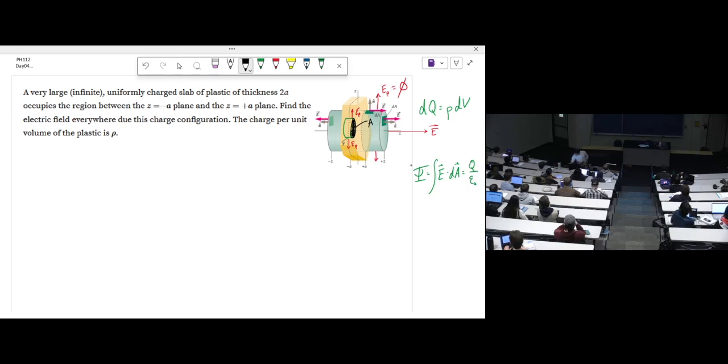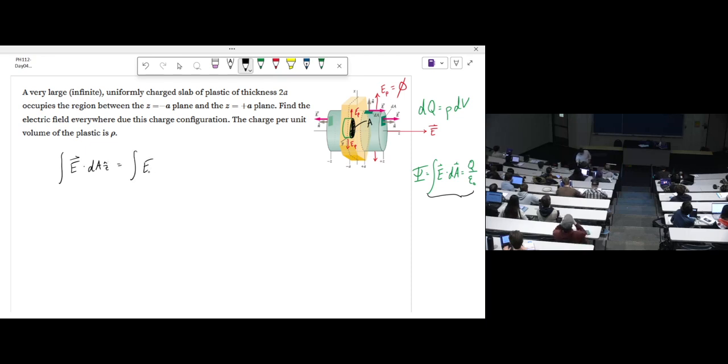So what we end up getting is we take this equation right here, Gauss's law, which says that the integral of E dotted into dA, well, as far as I'm concerned, dA, the normal, is parallel to the electric field here. So the dot product is going to be dA in the z hat direction. Those come out to be the integral of E sub z, which we said it would be anyway, times dA, just from here to here.